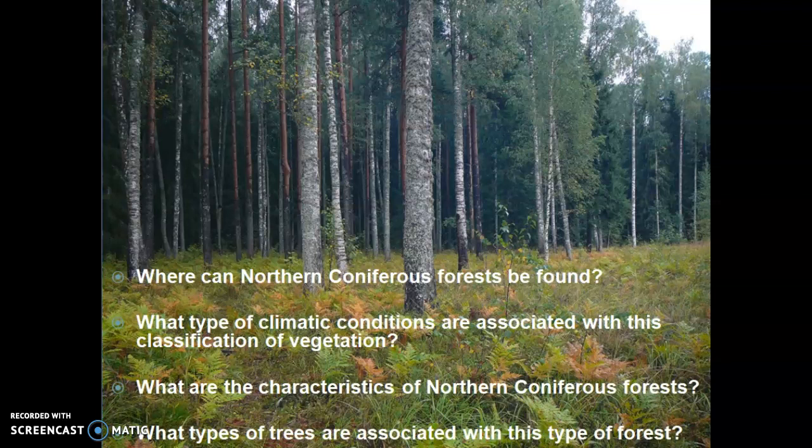All right, because lines of latitude, as we know fully well, will influence the kind of atmospheric condition which would exist. Thirdly, we will be talking of the characteristics of Northern Coniferous Forest, and by extension, the different types of trees which may constitute this particular vegetative class.